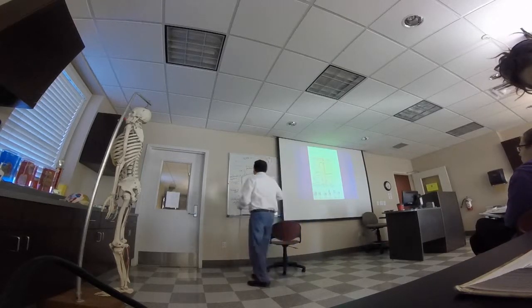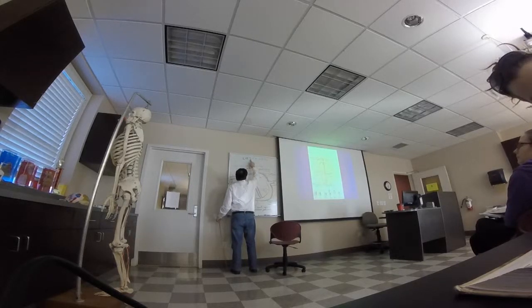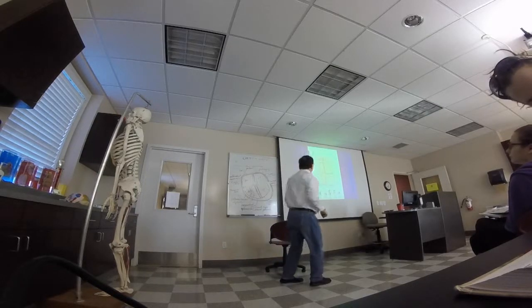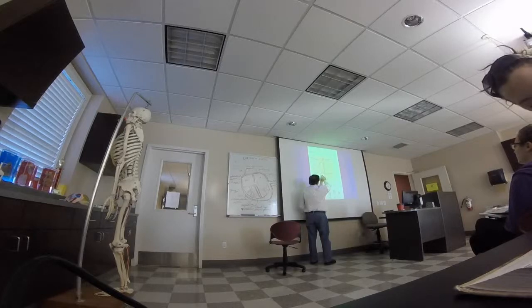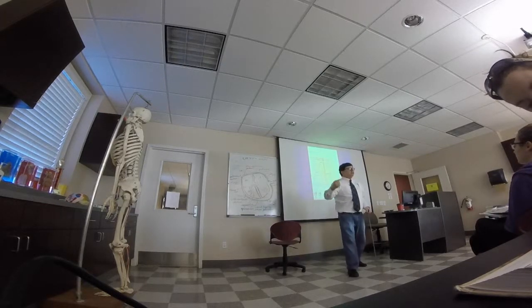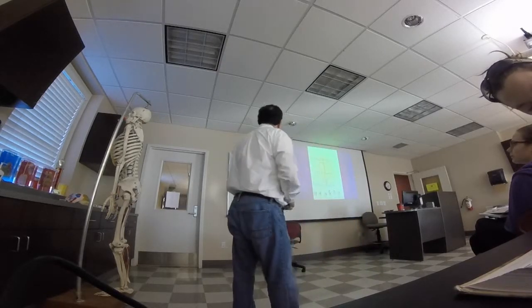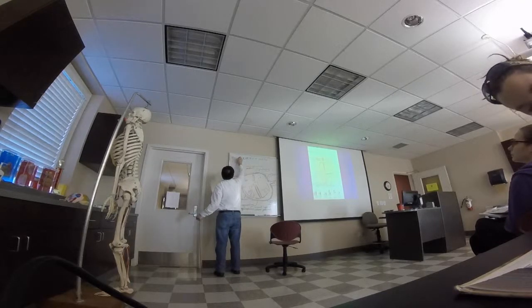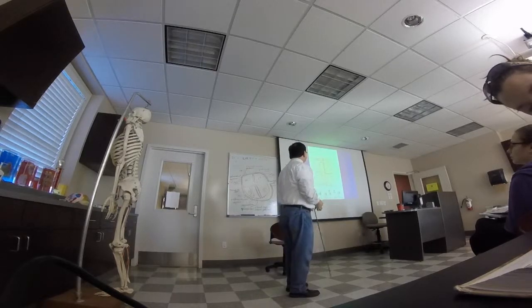Now, that difference in volume between end diastole and end systole is what's called the stroke volume, SV. This is the volume of blood that's been ejected into the aorta. So stroke volume is end diastolic volume minus end systolic volume. Makes sense?